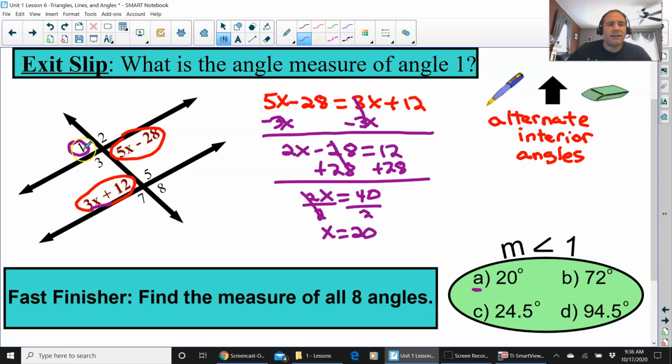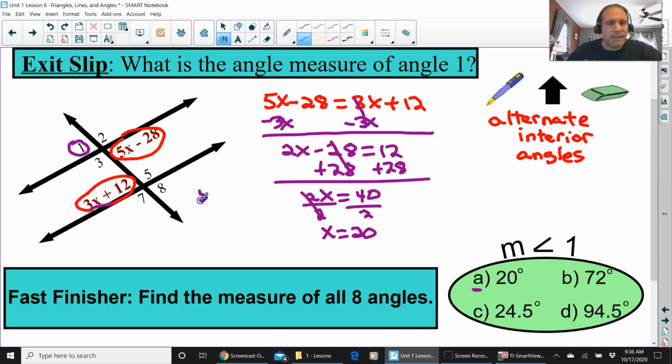Angle 1 and angle 5, angle 6 are corresponding angles, so they'll be equal to each other. And then these angles are equal to each other because they're alternate interior. But if you get the measure of this angle right here, you will get the measure of angle 1 because, again, they are vertical angles.